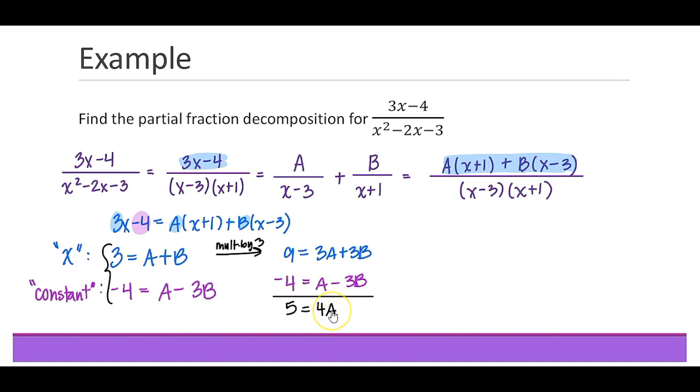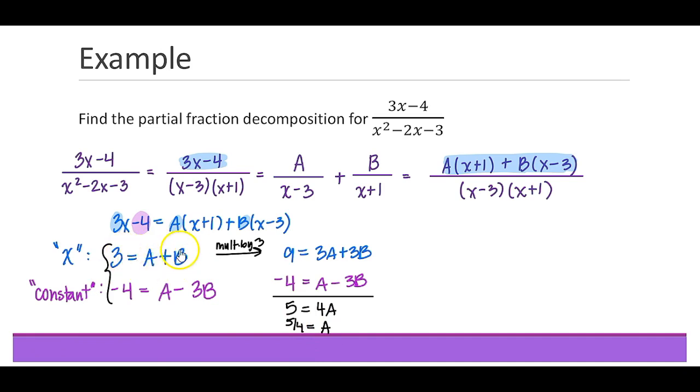And then I'm interested in solving for a and b. That's the whole point, solve for a and b, because we want those decomposed, or simpler, fractions. So I'm going to find a by dividing by 4. So I'm going to have 5 over 4 is equal to a. And then I can substitute a into any equation involving a and b.